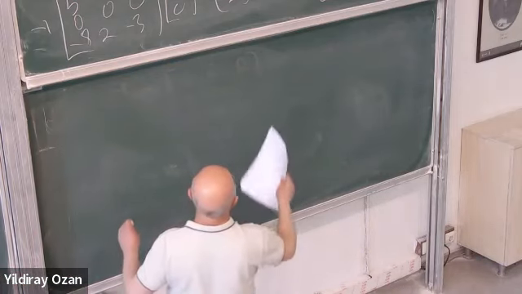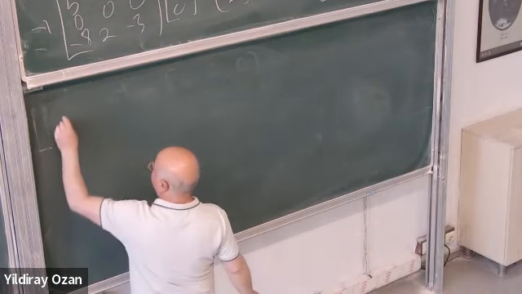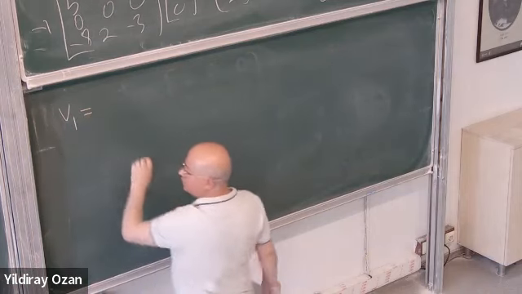So my eigenvectors and generalized eigenvectors are as follows. V1 var.